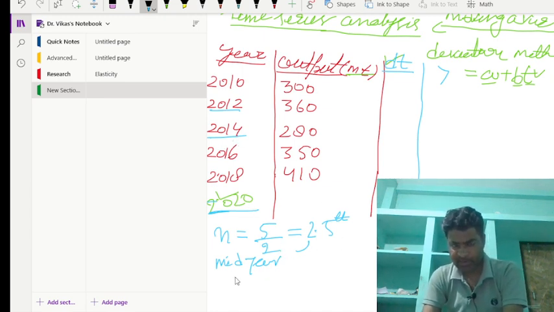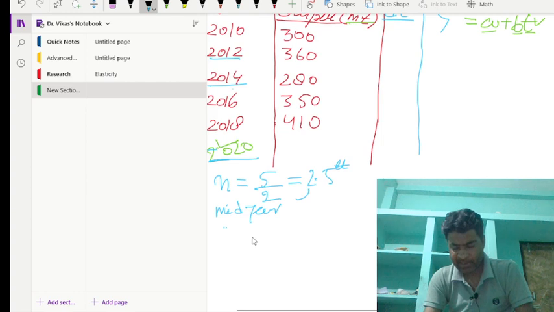Now we will need to calculate the middle year. After the mid year we have the middle value.